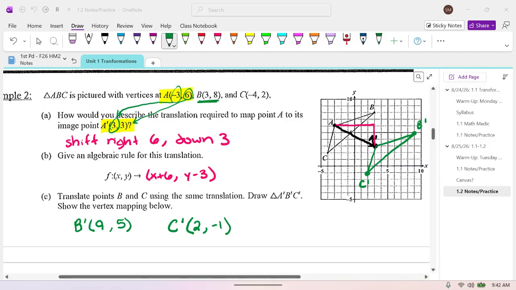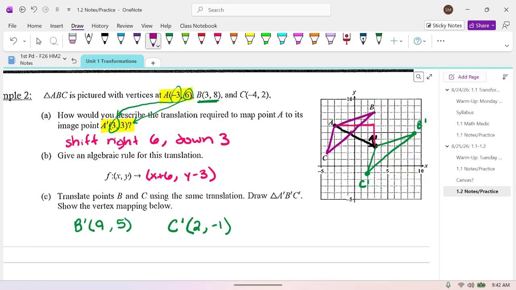It's kind of hard to see because I drew a lot over it, but the original's right here. Is that a congruent figure? Is purple and green the same? Yep, just moved its position on the board. Still the same orientation, it just kind of slid. It's kind of like chutes and ladders. It just went wee down the slide.